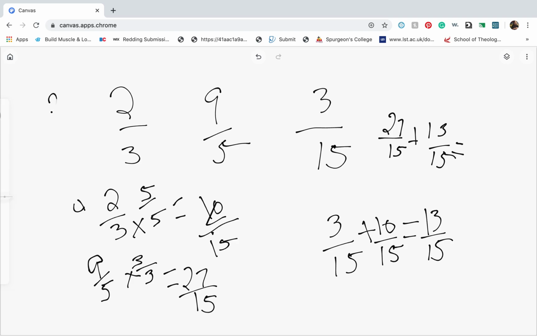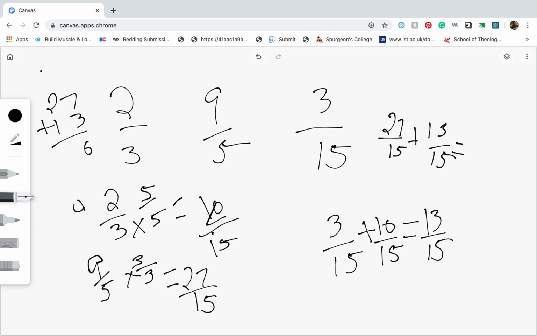I'm going to make sure, because this is what I want you guys to do. I'm going to add 27 and 13 together stacked. So 7 plus 3 is 10. And 2 plus 1 is 3, plus the carried 1 is 4. And I get 40 fifteenths.